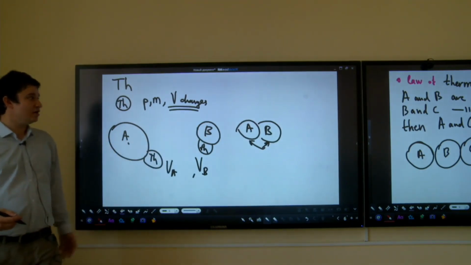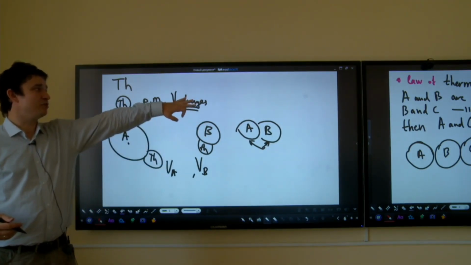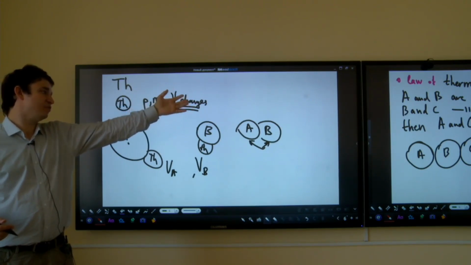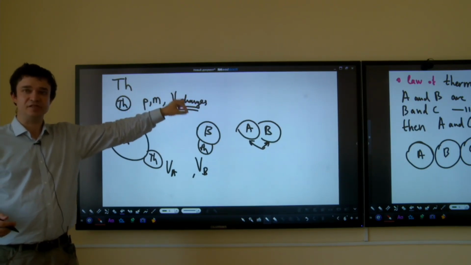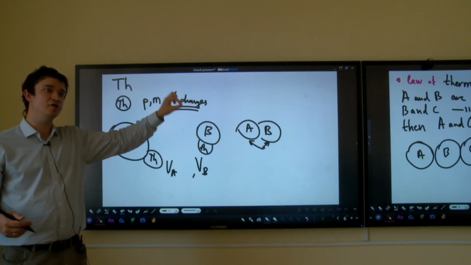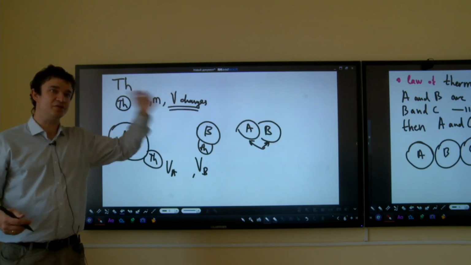So essentially, this zeroth law of thermodynamics is the main law which allows you to arrive at and to establish the concept of temperature.